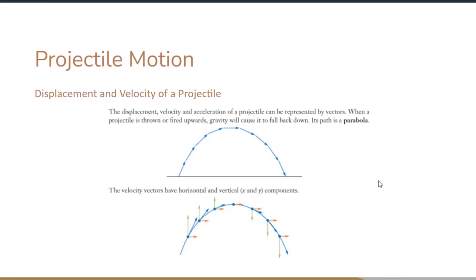Now, we can represent this using vectors, and that's basically what we'll be doing. But when you're using vectors for projectile motion, it's important that you realize that the x components of the vectors, so the horizontal components, and the vertical components, are completely independent of each other except when involving time.